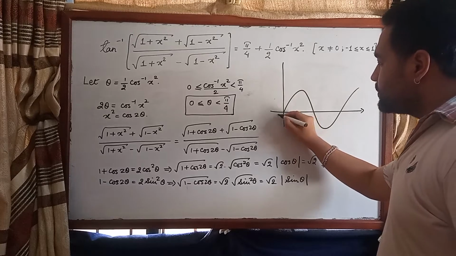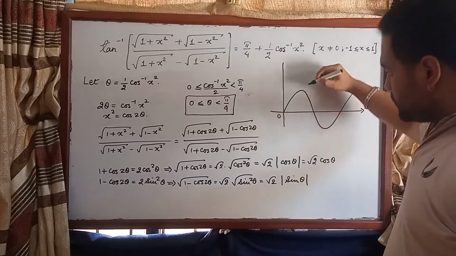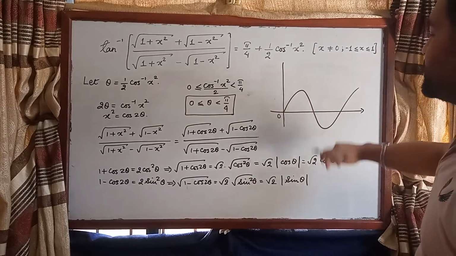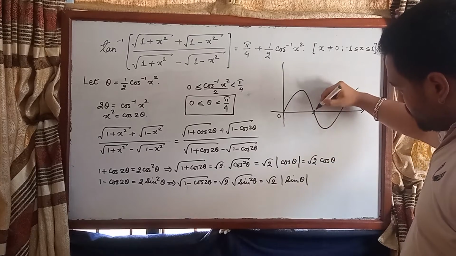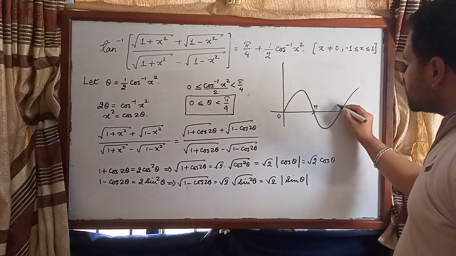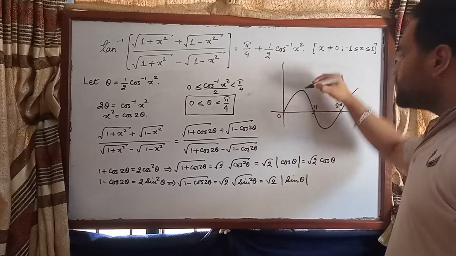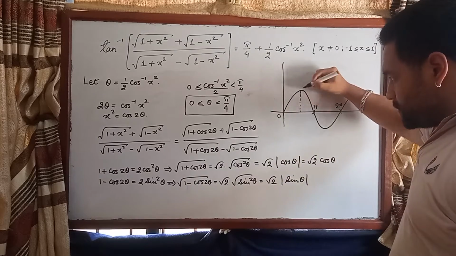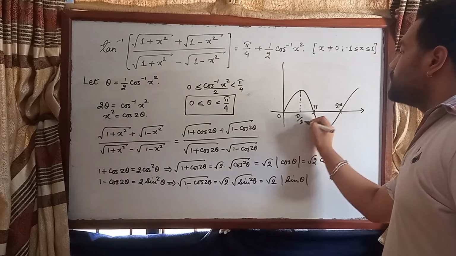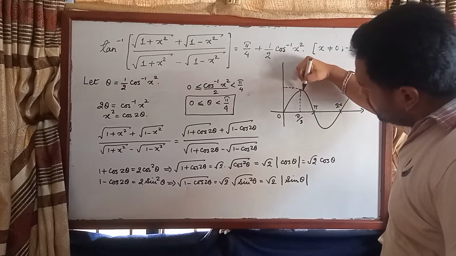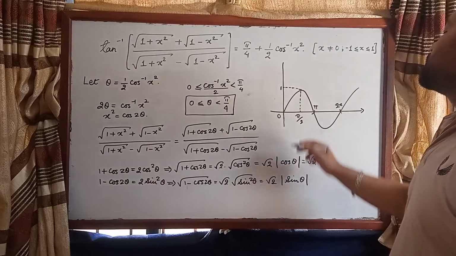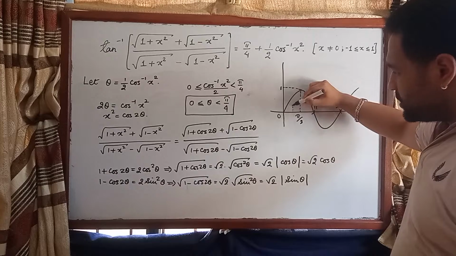The sine curve will look something like this. I'm not drawing this in the principal domain. This is pi, this is 2 pi, this is pi over 2, and this is 1. So pi over 4 is somewhere over here.